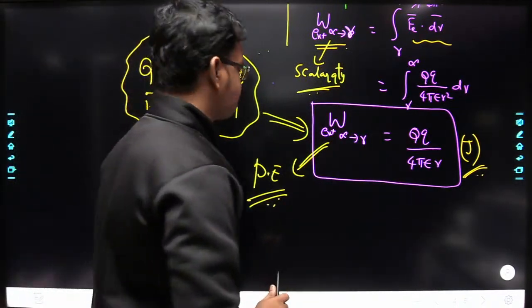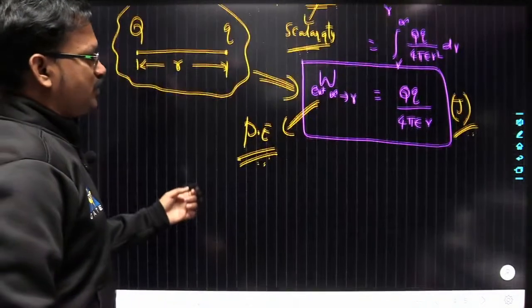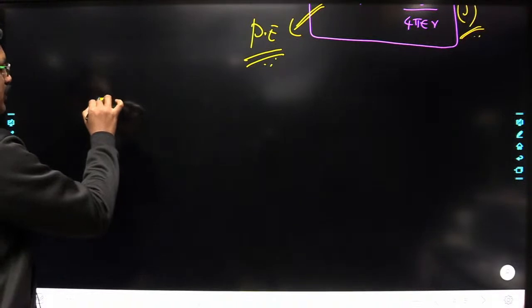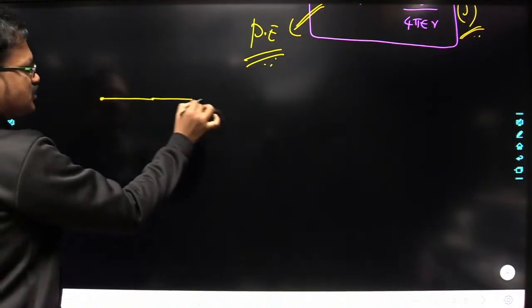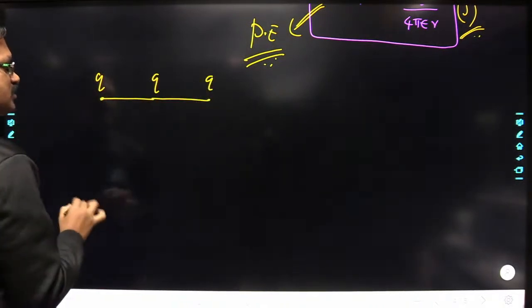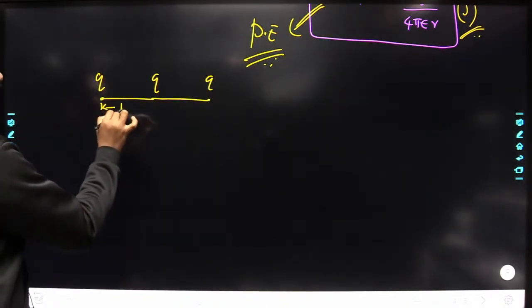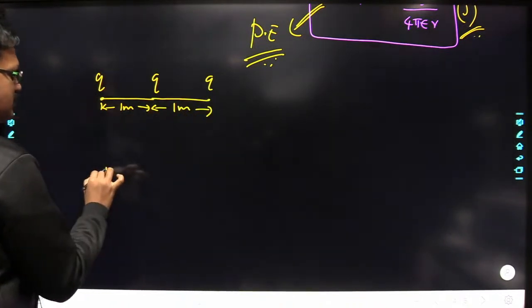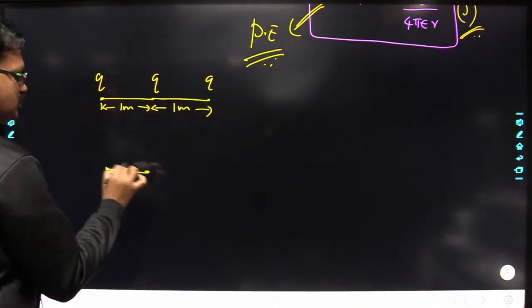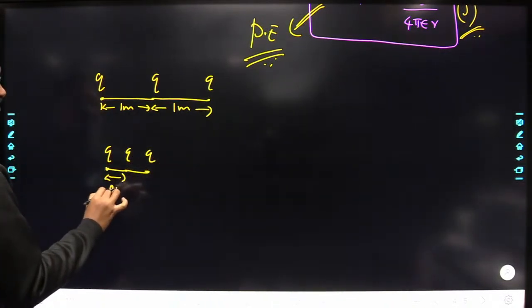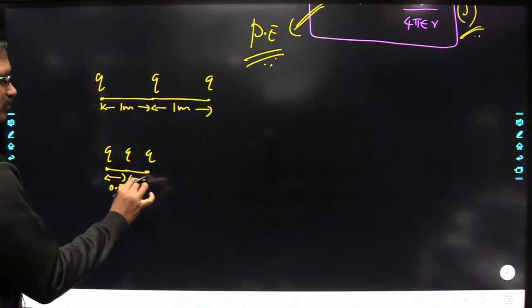Understood? Okay. So now see here. Next we have done one problem here. We have placed 3 identical point charges, and the successive distance between them I have taken as 1 meter, and in another case I have taken 3 identical point charges such that the successive distance between them is 0.5 meters.